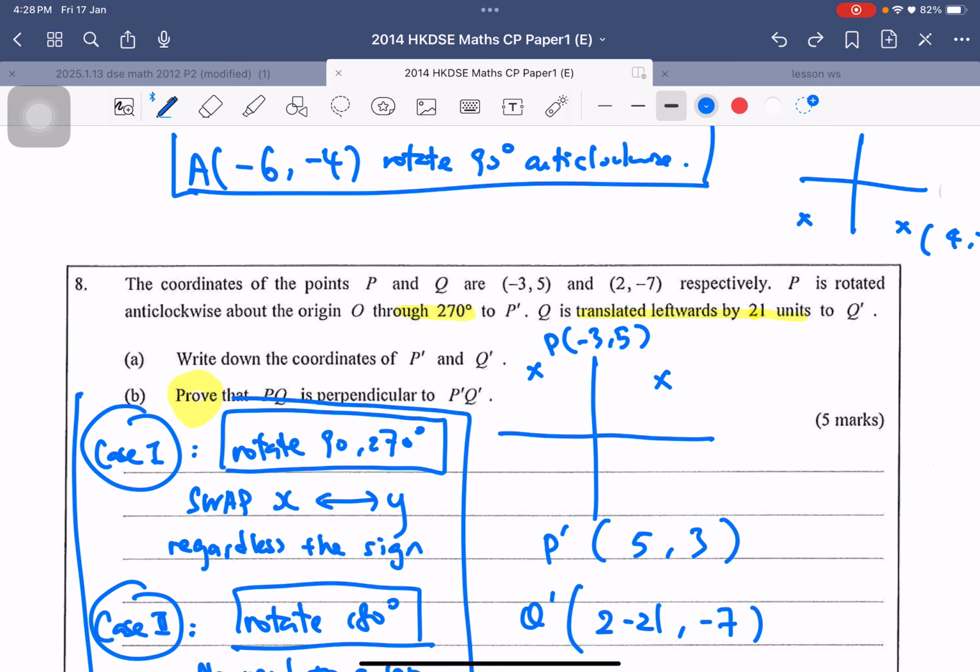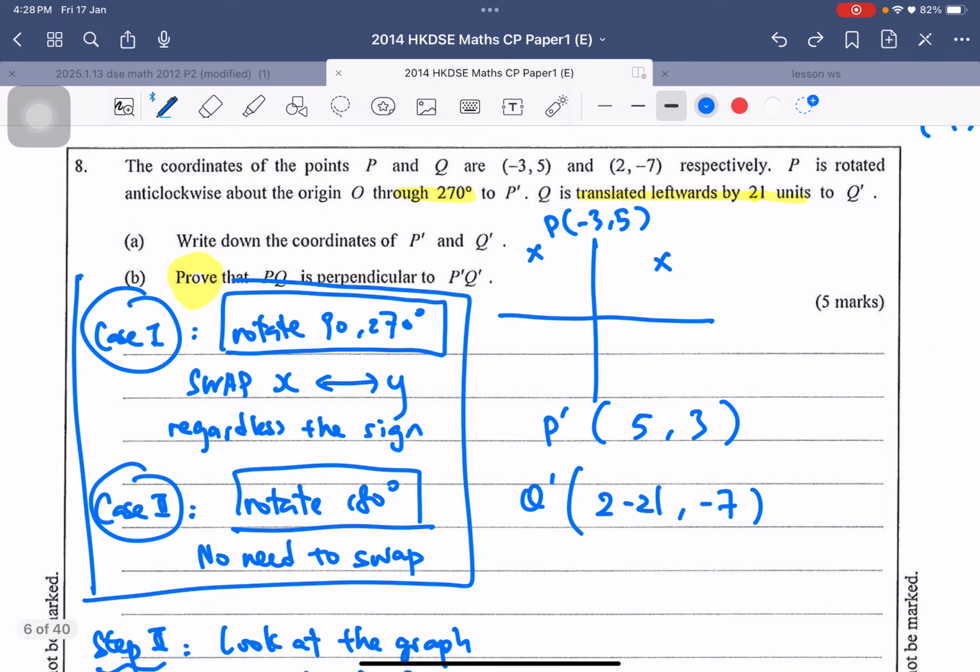Because I understand you, but the marker will not understand you. They don't know who you are. After the DSE exam, you're just numbers. You're candidate number 1, 3, 4, 5, 6, 7, 8. Who just wrote a -1? Can I give the mark to them? So write it clearly.